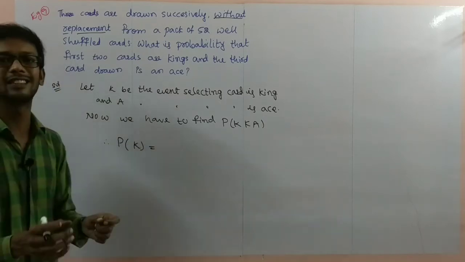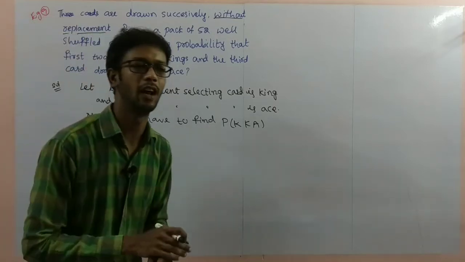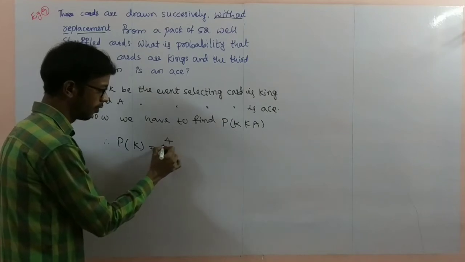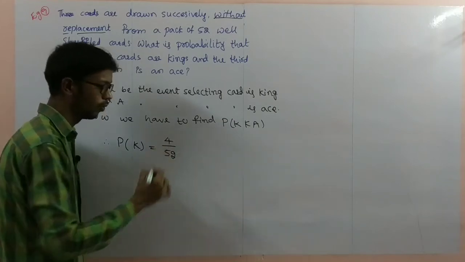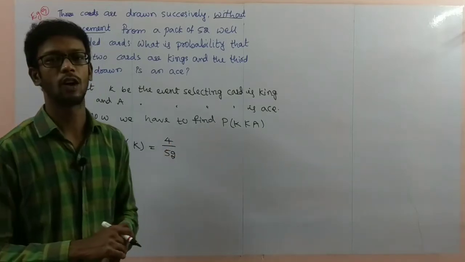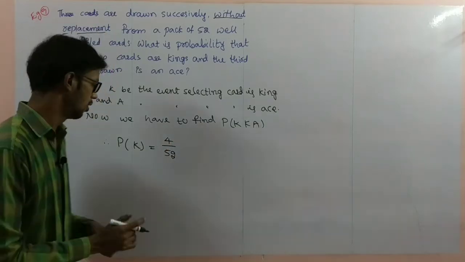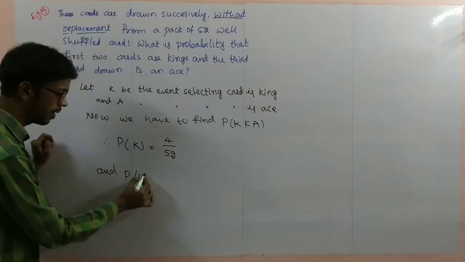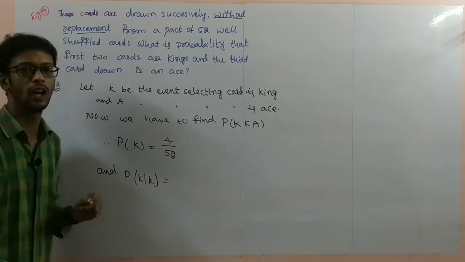First card is king. Total number of kings is 4, so 4 by 52. Favorable for king is 4 and total number of outcomes is 52 cards. Next, probability of K by K. K by K means what?